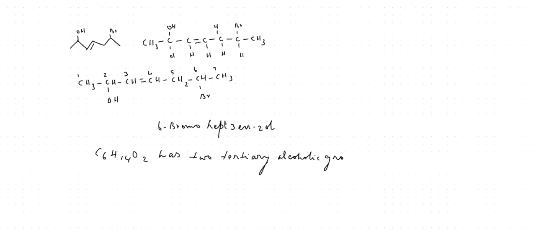Write the IUPAC name of the compound. Nothing else is given. The question is very simple. Let me rewrite the question so that you can understand. The molecular formula is given: C6H14O2. So as two oxygen atoms are there, there are going to be two alcoholic groups. And the two alcoholic groups are attached to two tertiary carbons. What is the IUPAC name?